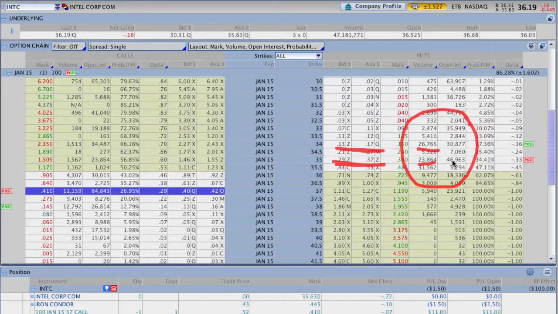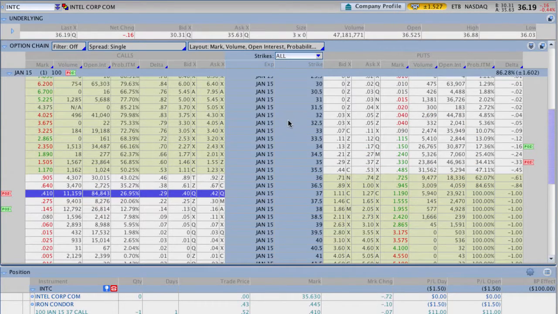That just allowed us to get in and out of the market very quickly. And on the call side, we stayed right around where the vast majority of the contracts were traded, because that was a great area to trade and it was outside of this expected move that we were looking at. So again, a really good example with Intel and super liquidity.